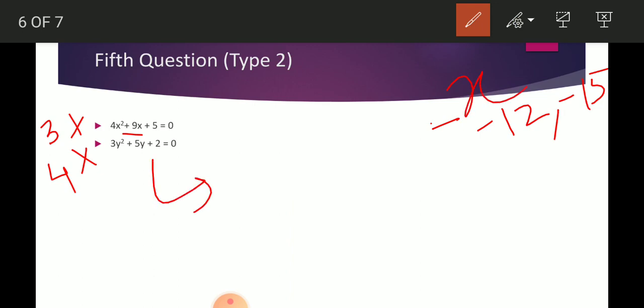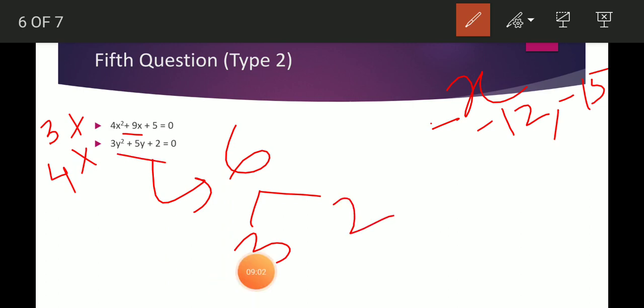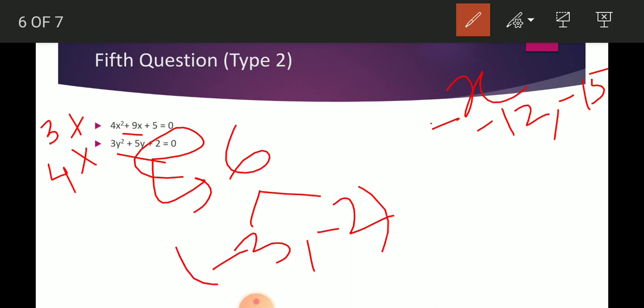Now we have to find the values of y. For y, the product is 6. If we factorize, we will get 3 and 2. The sign before 5 is positive, therefore the sign before the higher value will be opposite to that. The sign before 2 is positive, therefore both roots will have the same sign. Now we have to multiply this by 4, so we will get minus 12 and minus 8.